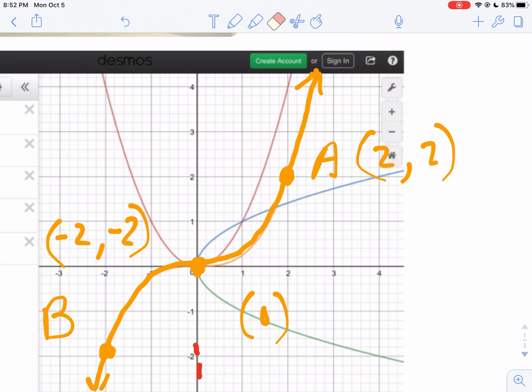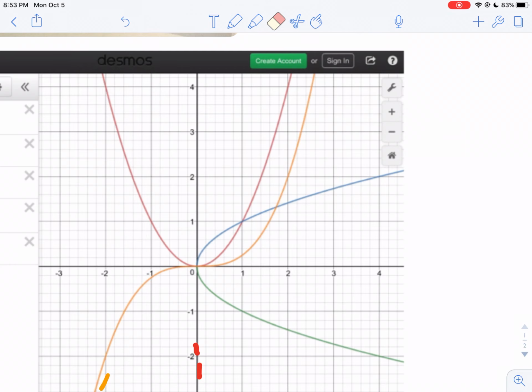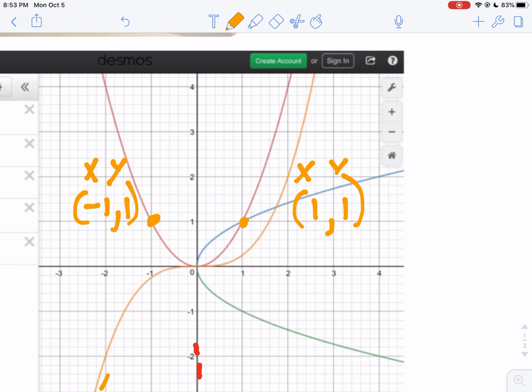Let me quickly erase that. I didn't put points on the parabola opening upward, but if I did put a point right here, you will see that this is the point at -1, 1. Opposite of that is the point 1, 1. This is the x value, that's the y value.